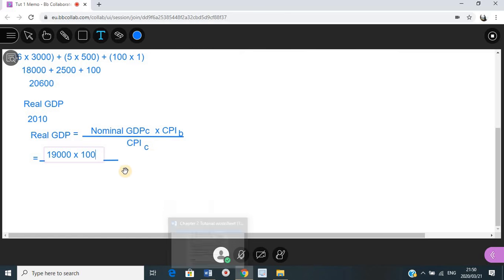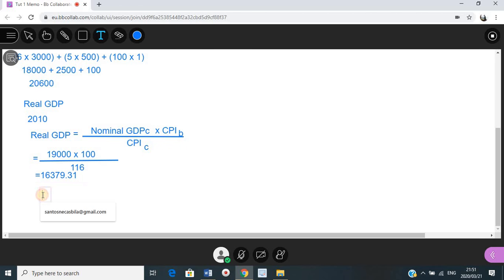This should be divided by the CPI for the current year, which is 116. And this should be equal to 16,379.81. Very good. So this is the real GDP for 2010.